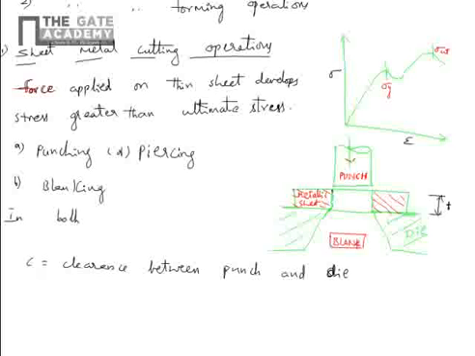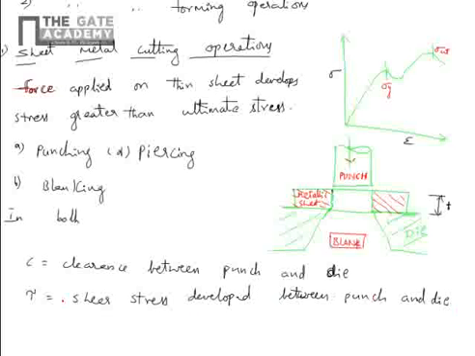Because of the surfaces, shear stress develops between punch and die, and because of this shear stress, failure takes place suddenly. If the objective is to produce a hole, it is called punching. If the objective is to produce a blank, it is called blanking operation.